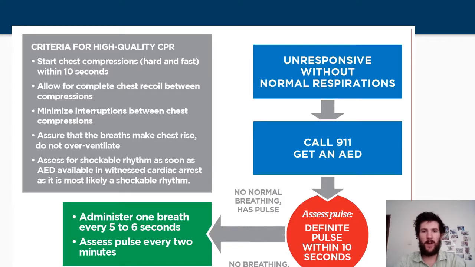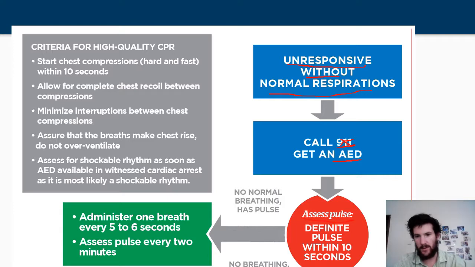So this is the first part of the algorithm. If you see an unresponsive person without normal respirations on the floor, you call 911, that is not the number of Kenya, you call the number of Kenya, and ask someone to get an AED. Once people are helping you do that, you start this.